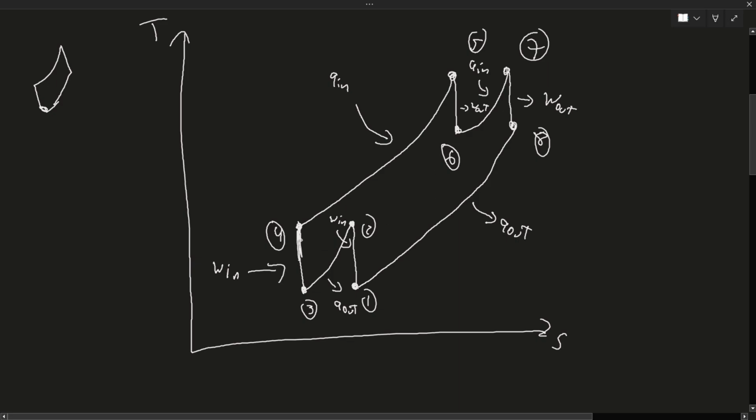Keep in mind that wherever you see a straight vertical line, it means it's an isentropic process. That means that whenever you have these points, you have to consider that T2 over T1 equals the pressure ratio to the power of (k minus 1) over k. This is what isentropic means.